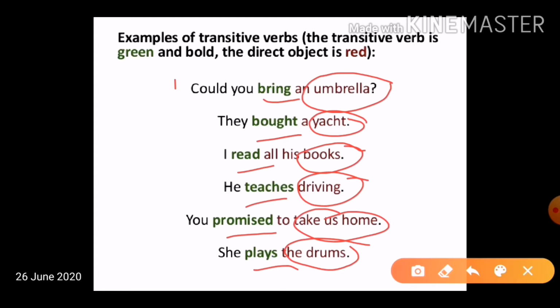They bought is an incomplete sentence. I read, incomplete. He teaches, incomplete. You promised, incomplete. She plays, incomplete. So you have to use an object here in order to give the sentence the complete meaning.